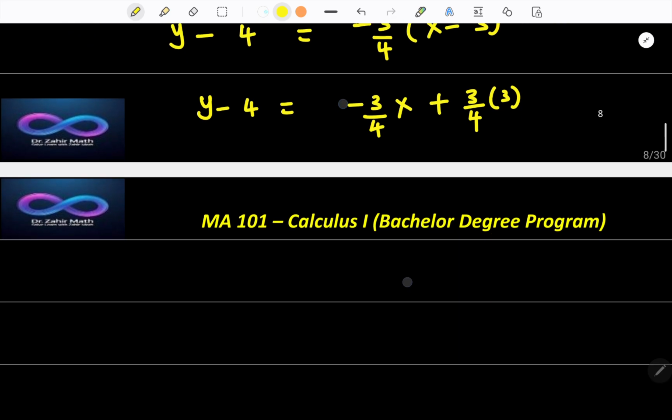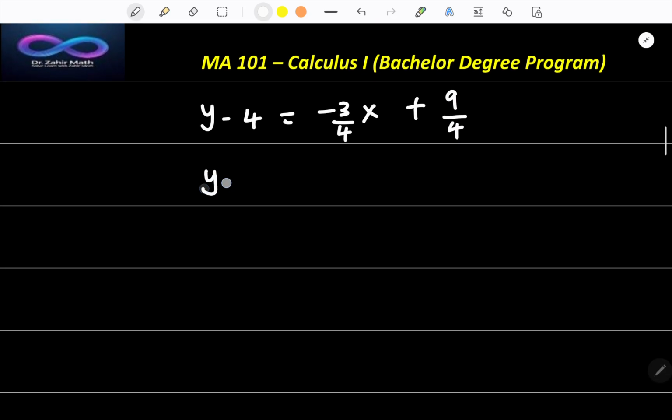So y minus 4 is equal to negative 3 over 4 x plus, 3 threes are 9, 9 by 4. So y minus 4 equals, I'll take this 4 that side. Y equals minus 3 over 4x plus 9 by 4, and this 4 goes that side.